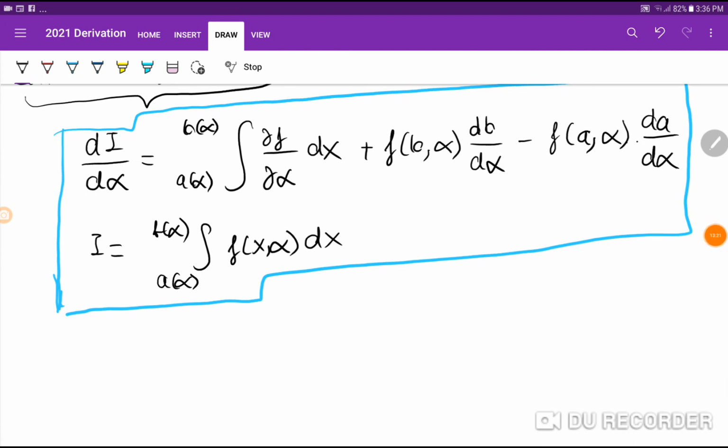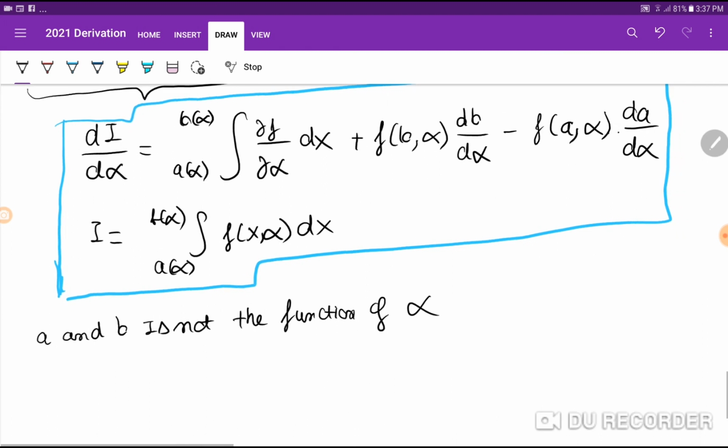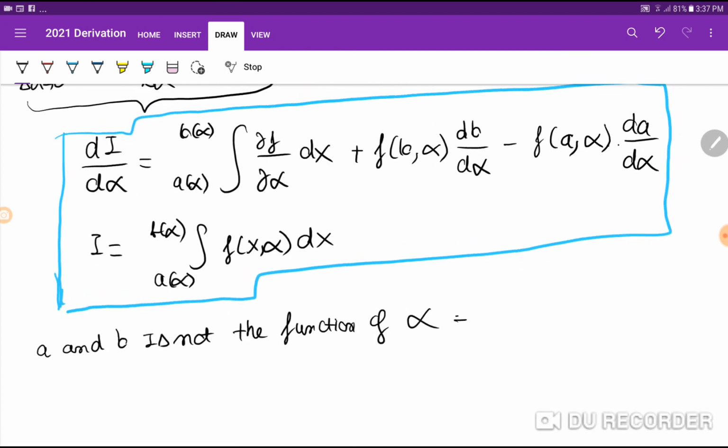This video is going to be a little bit long, but if A and B are not functions of alpha, what happens? dB over d alpha would be 0, and dA over d alpha would be 0 as well.